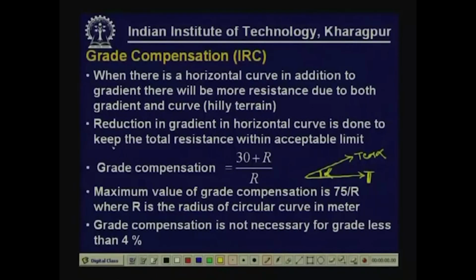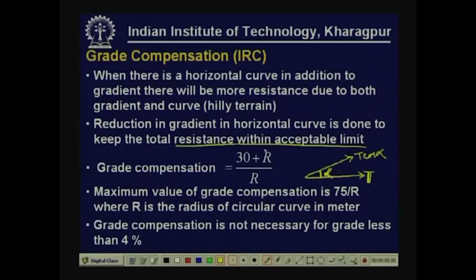If a horizontal curve is encountered, compensate in terms of the gradient, so that the overall operation remains acceptable. So, it is a reduction in gradient on a horizontal curve to keep the total resistance within acceptable limits.